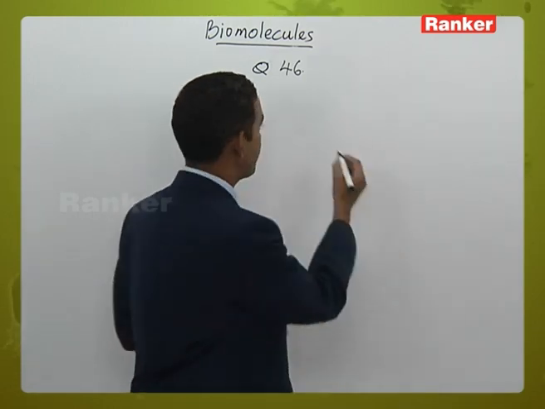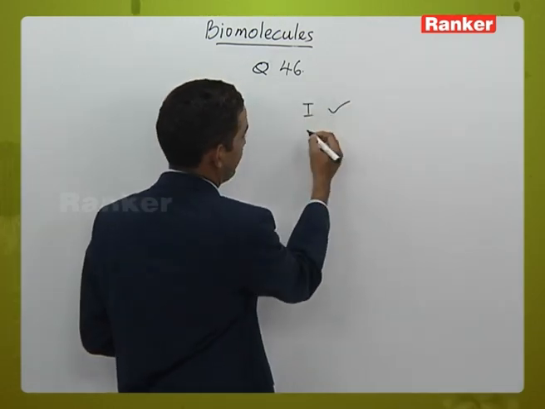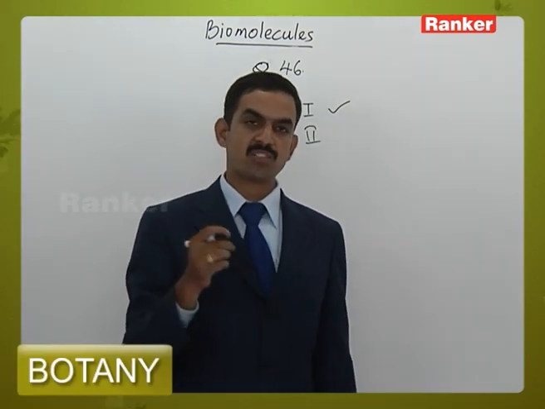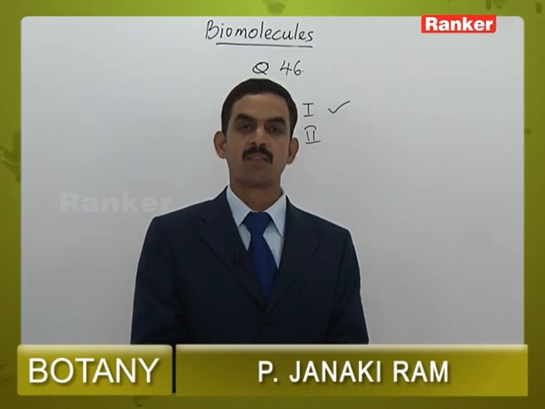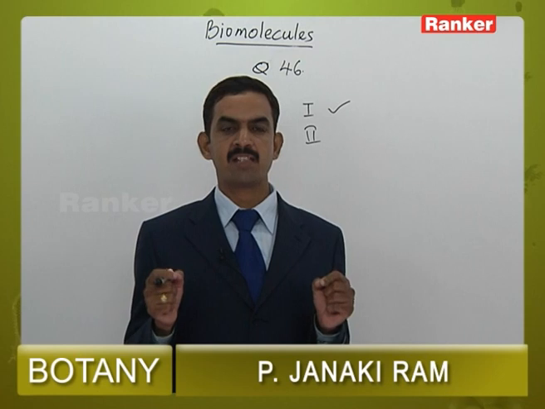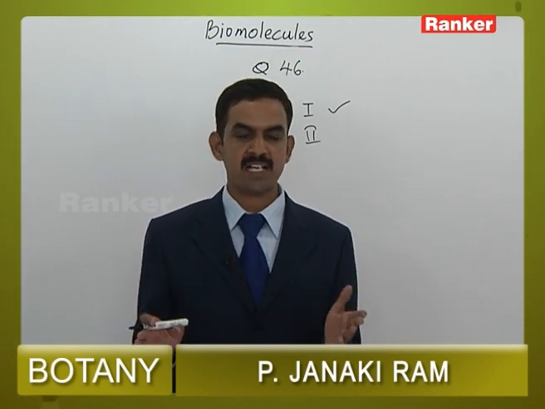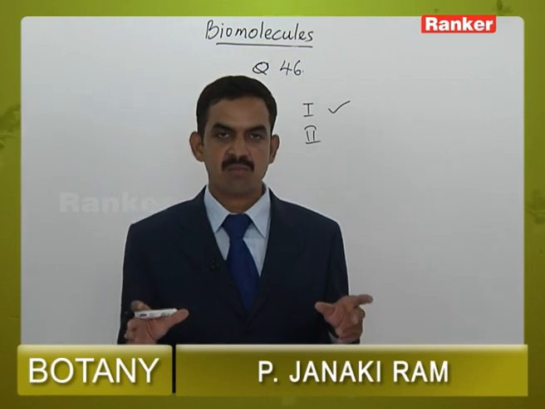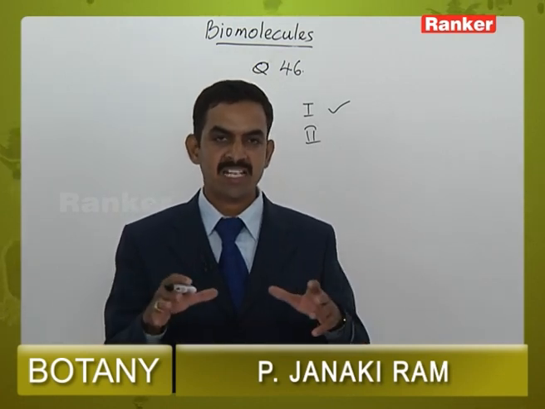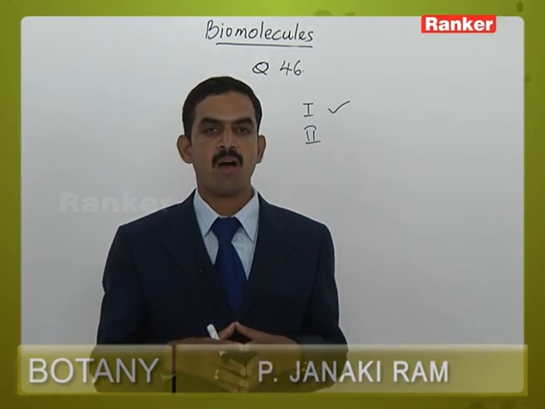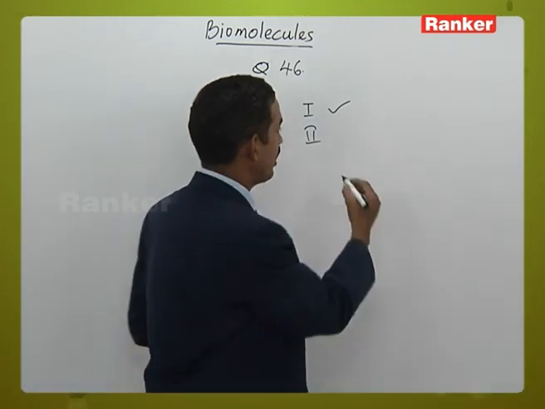So first statement that has been given is correct. Then coming to the second one, a series of linked reactions are called as metabolic pathways. So here we said that all the reactions which are taking place inside a living cell are not isolated, they are linked with each other, and all that entire process we call it as a metabolic pathway. So statement 2 is also correct.